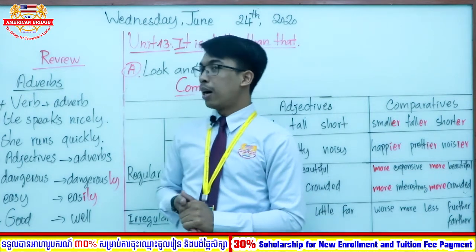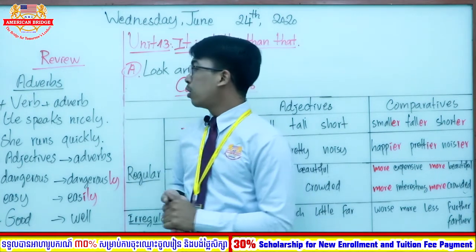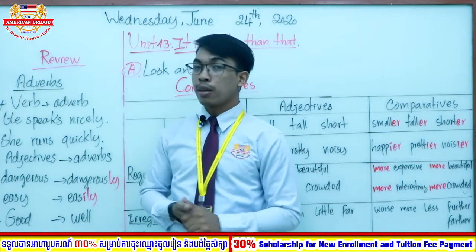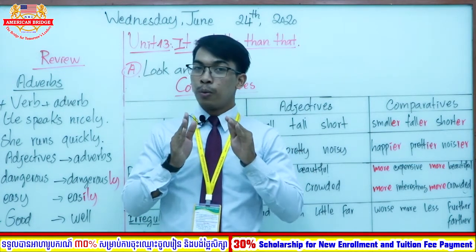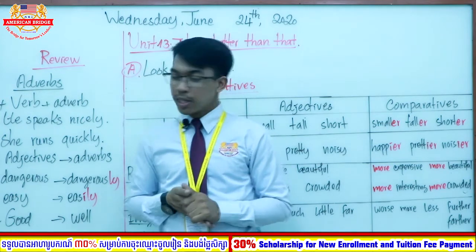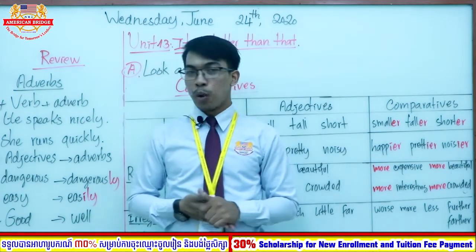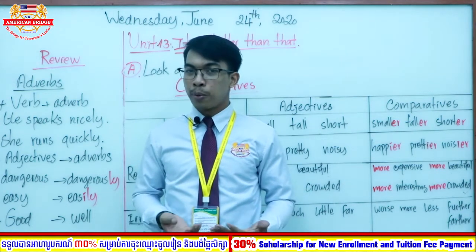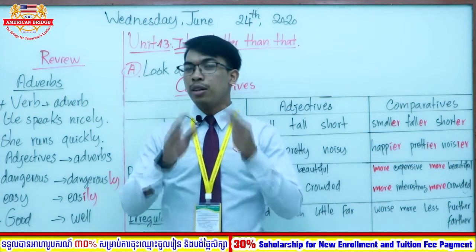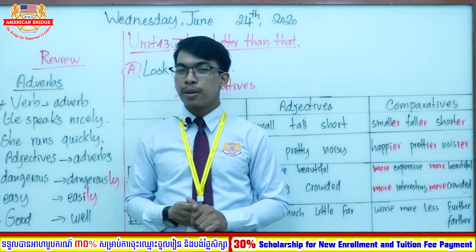In Unit 12, we studied two kinds of form. The first one is verb plus adverb, right? How do we make a sentence by using verb plus adverb, everyone? Can you make a sentence for me, please?